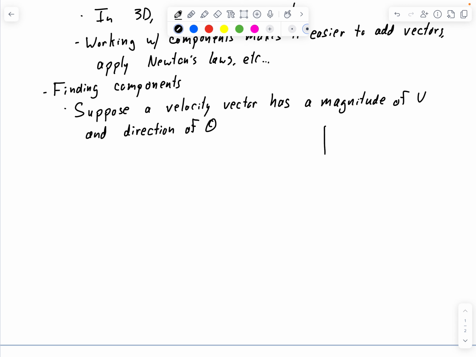We'll draw this here as an example. We have our velocity vector here, which has this magnitude of V, and we can break this down into the x component.